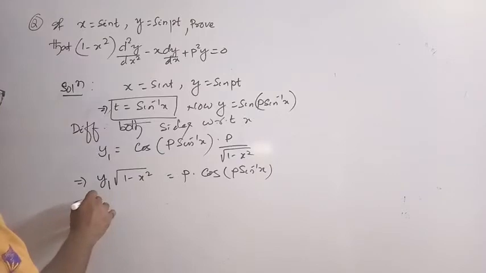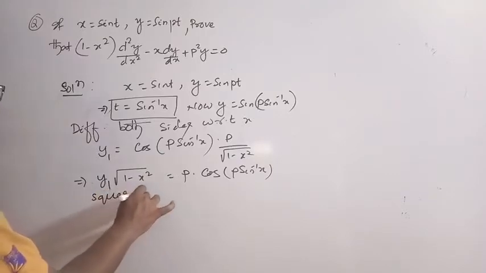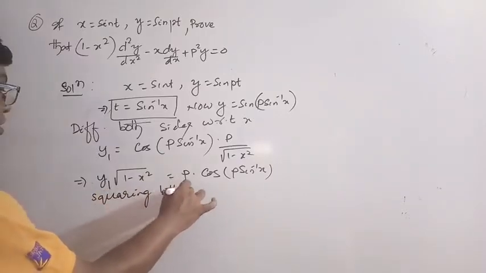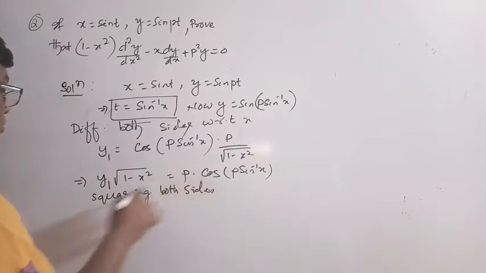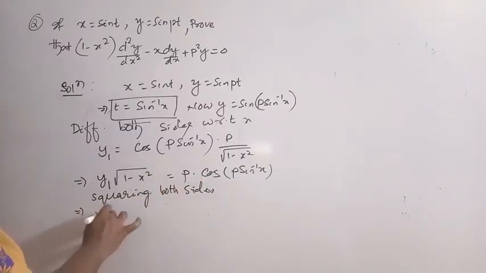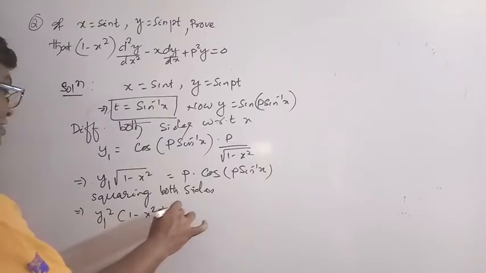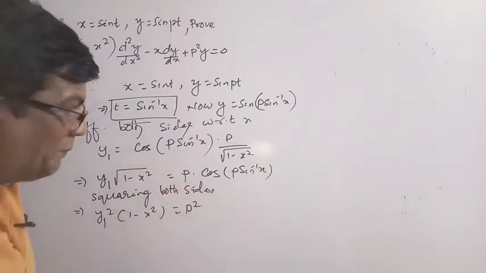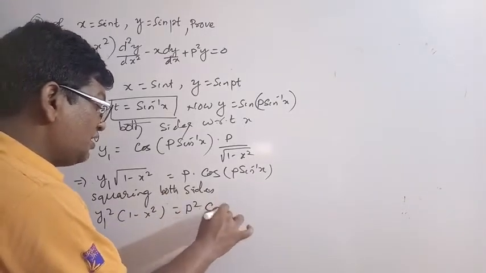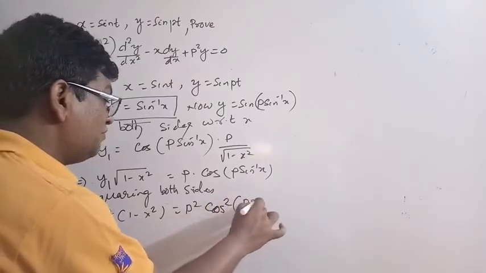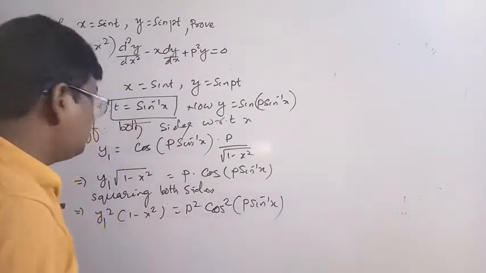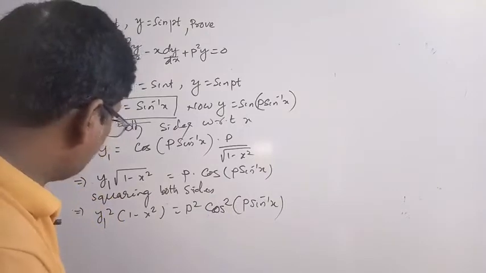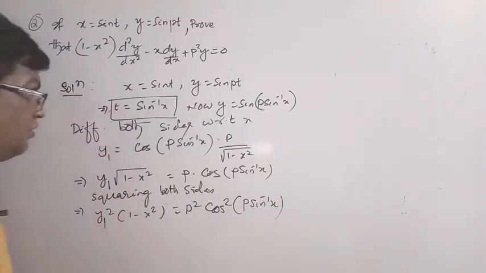So squaring both sides. Okay, so what is here? That is y1 square into 1 minus x square is equal to p square into cos square of p sin inverse x. Now we have to try to replace.